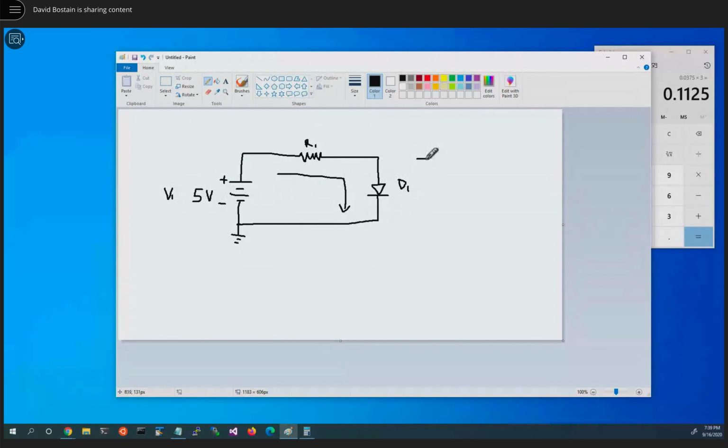We know that there's going to be a drop across the diode if it's actually operating, and it's going to consist of 0.7 volts. How much voltage will drop across the resistor? Well, 5 minus 0.7 would be 4.3 volts.